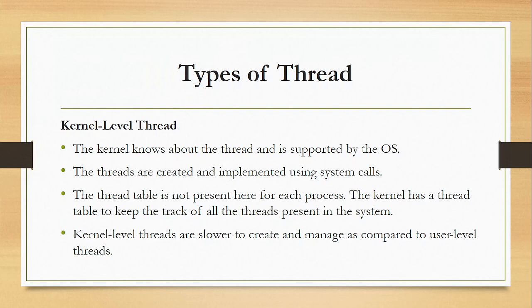So kernel level threads are slower to create and manage as compared to user threads. We have already looked at that. The thread table, or what we refer to as the register, is not present here for each process, basically because it is very difficult to maintain all these procedures or system calls that are implemented within the kernel level thread.